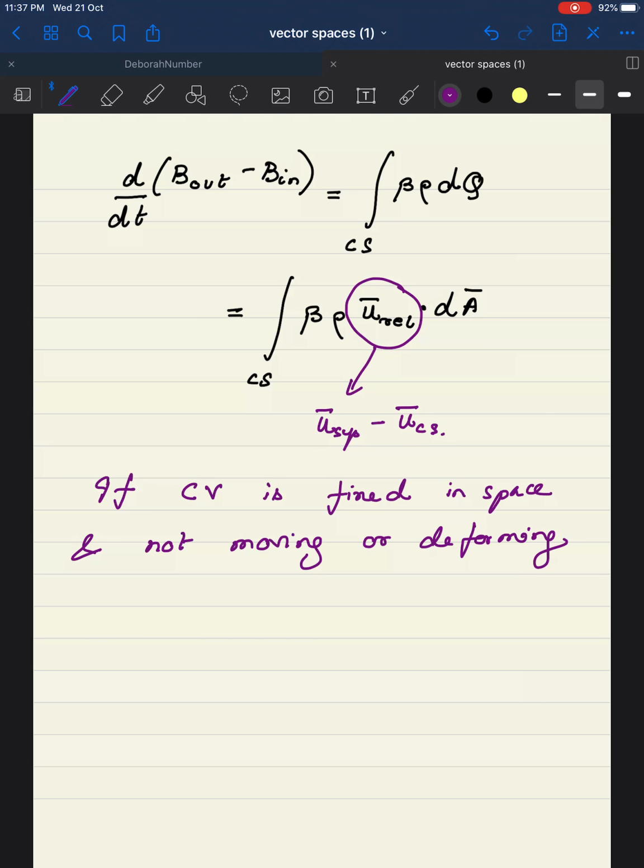But if you are not doing that, if the control volume is fixed in space, then this quantity is equal to 0, and u relative is obviously then just equal to the velocity of the material. So this is an important issue right here.